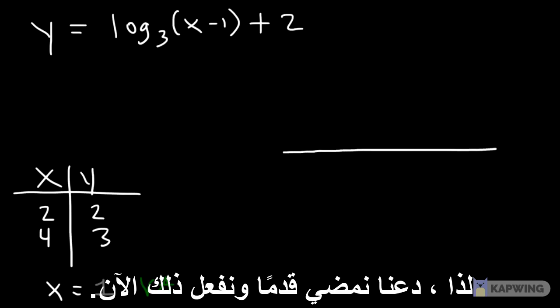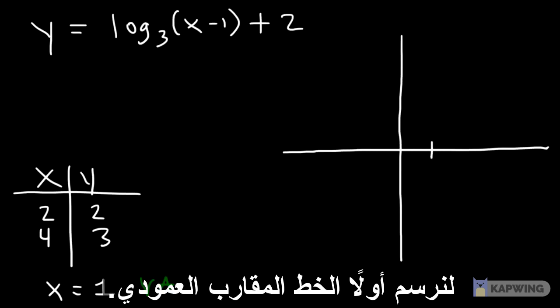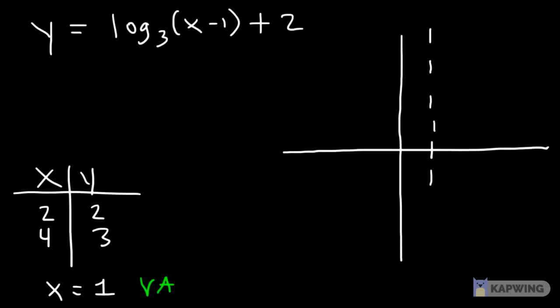So let's go ahead and do that now. First, let's plot the vertical asymptote, which is at x equals 1.